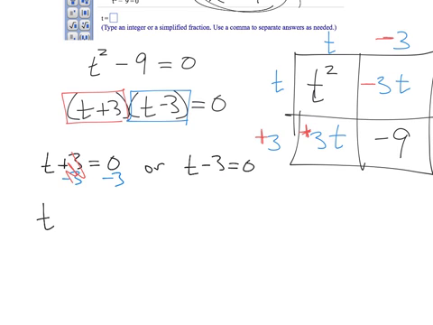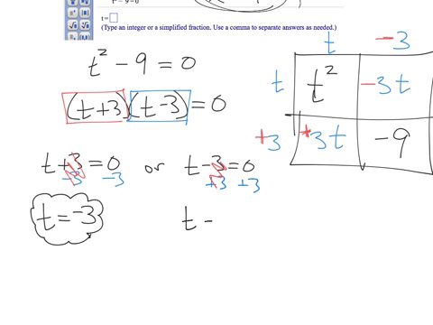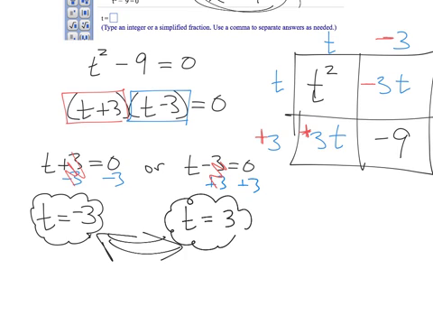You get t is equal to negative 3, or over here we're going to add 3 to both sides. The 3's cancel. So you get t is equal to positive 3, and there are your two solutions.